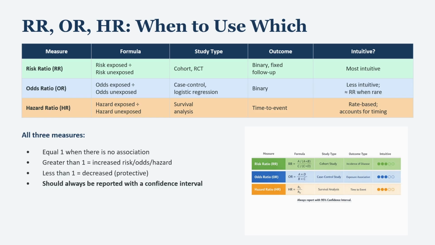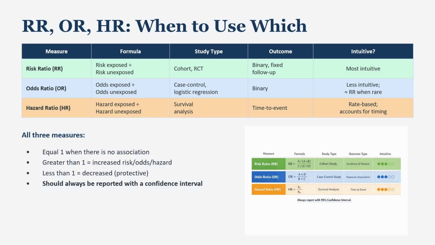Odds ratio: case control studies and logistic regression. Binary outcomes, less intuitive, but essential because case control studies are extremely common and logistic regression is everywhere. Approximately equal to RR when the disease prevalence is below 10%, but increasingly divergent as the disease becomes more common.